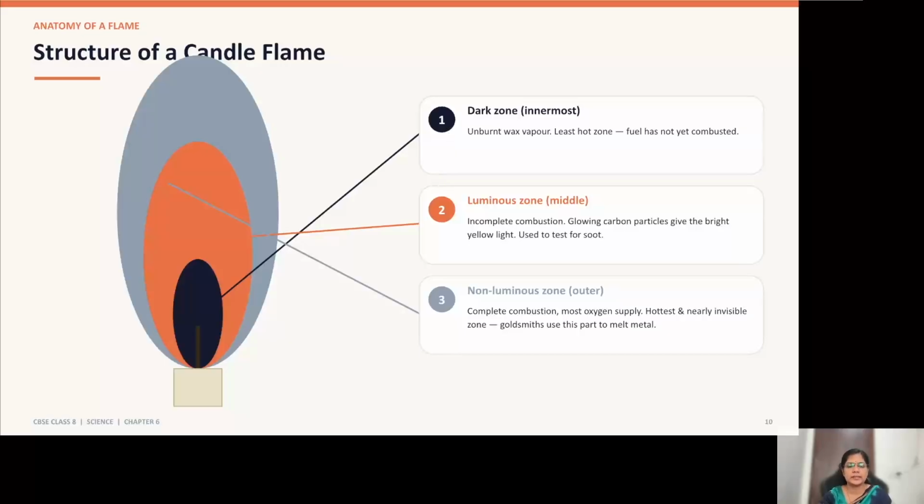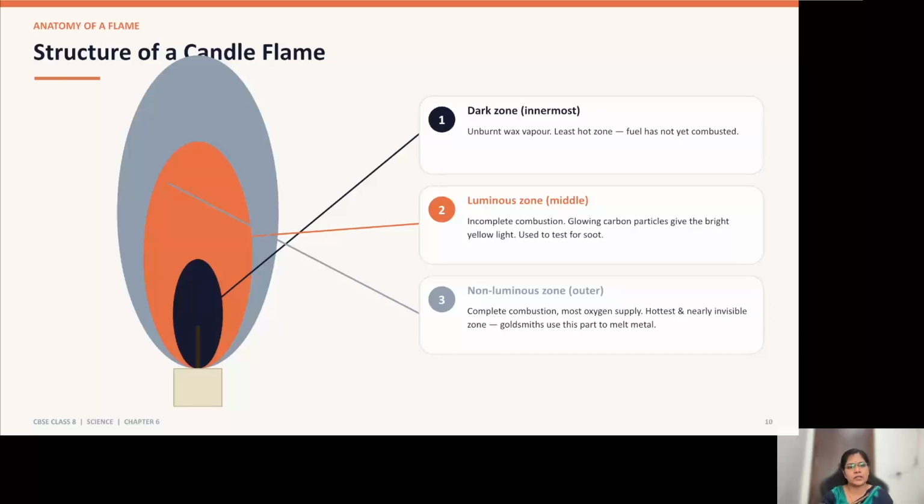It looks dark or black because no combustion light is being emitted here. It is the least hot of the three zones. Okay, and zone 2 is the middle or luminous zone. Here, the wax vapor undergoes incomplete combustion due to a limited oxygen supply.